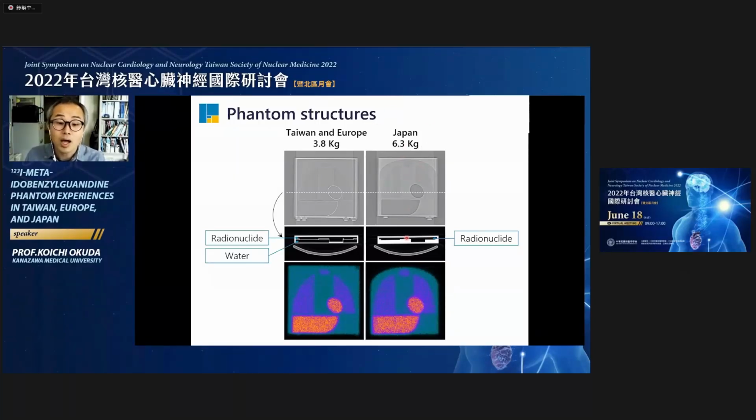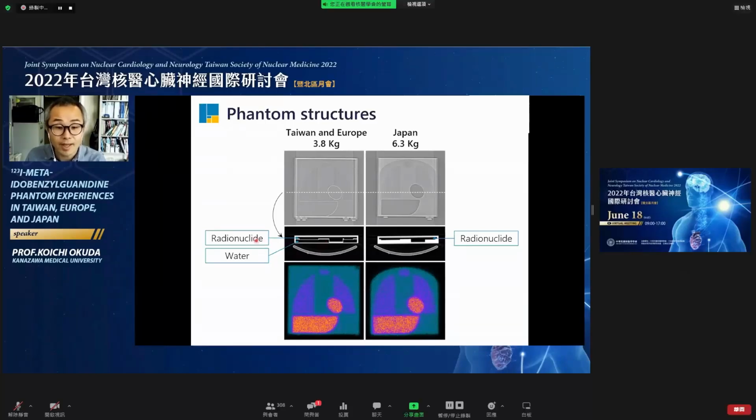Conventional phantom has 1 compartment for filling radionuclide. Lightweight phantom has 2 compartments for filling radionuclide and water. The phantom structure difference will result in conversion coefficient difference.